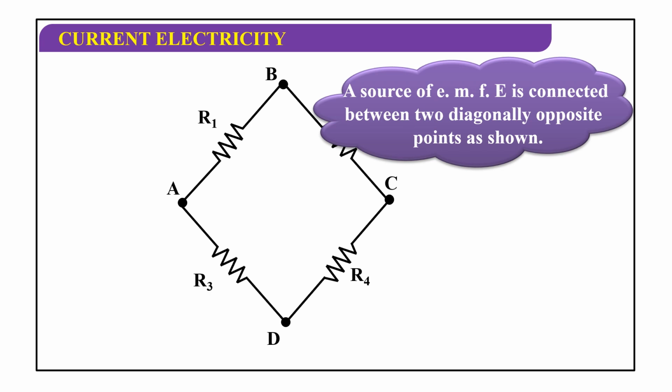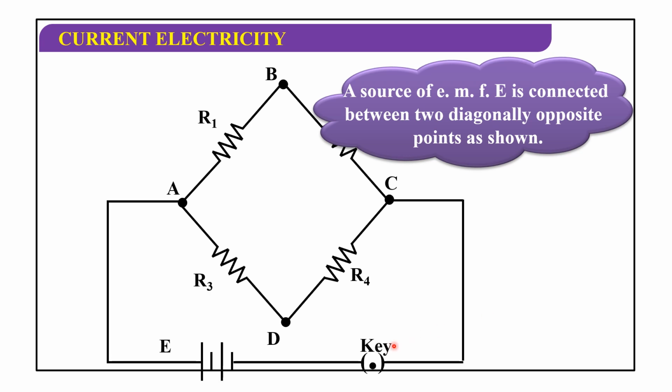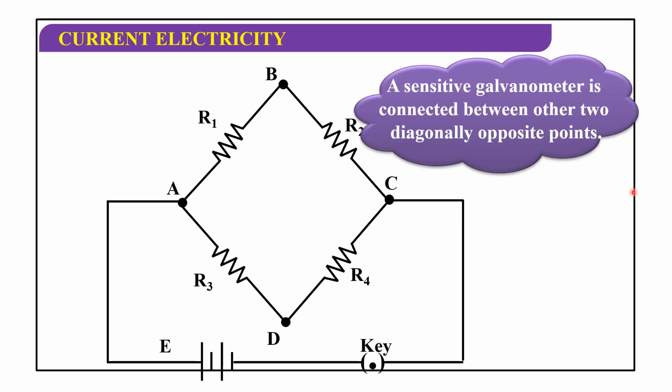A source of EMF E is connected between two diagonally opposite points as shown here, and the key is on, that means the current is flowing in the circuit. A sensitive galvanometer is connected between the other two diagonally opposite points, so between B and D, a galvanometer is connected.